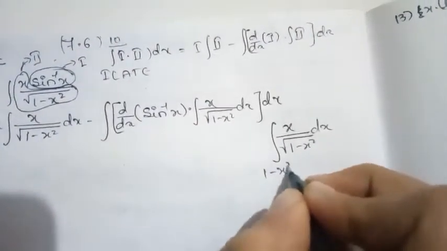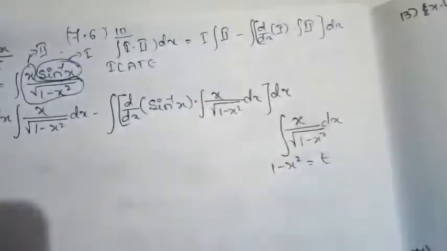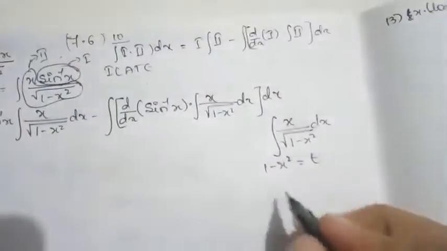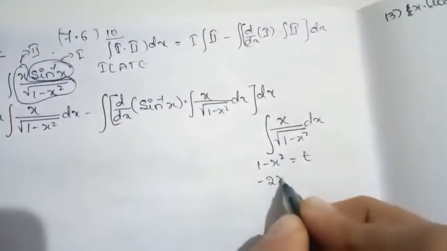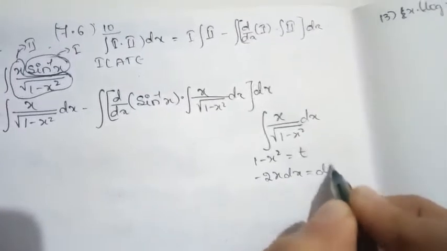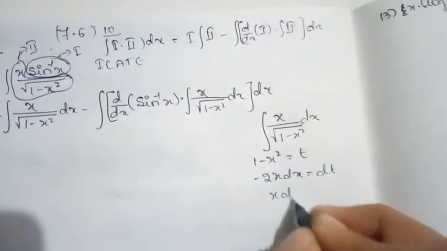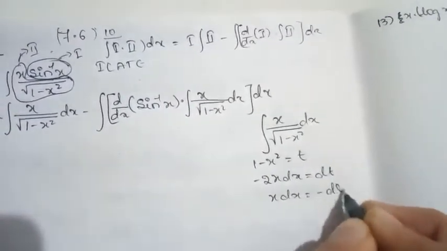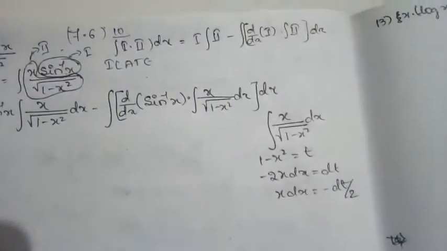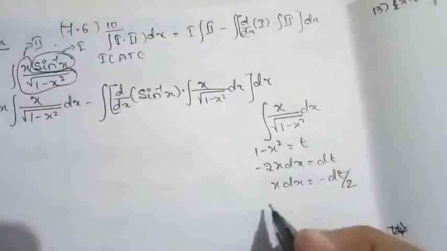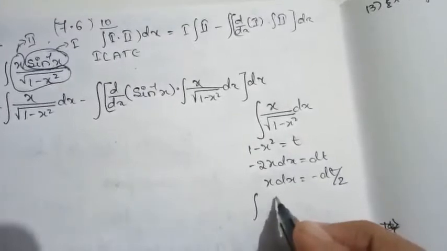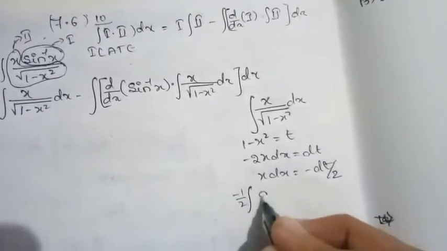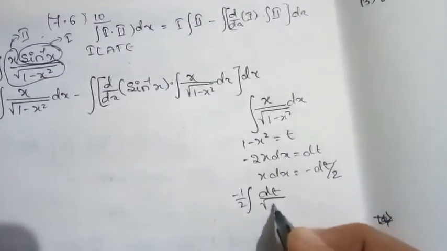If I take 1 minus x square equal to t and differentiate with respect to x, I get minus 2x dx equal to dt. Here we require only x dx, which is equal to minus dt by 2. If I substitute that here, it becomes integration of minus 1 by 2 dt divided by square root of t.